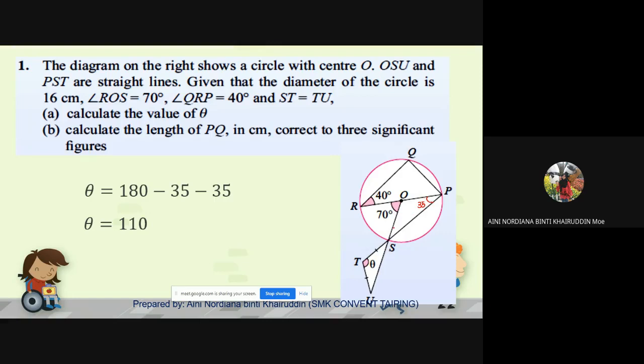So this angle equals this angle because this is radius. So if here 35, here also 35. Since this is isosceles, because these two sides are equal, here also 35. So theta is 180 minus 35 minus 35 equals 110.